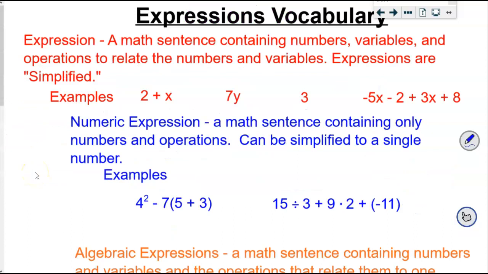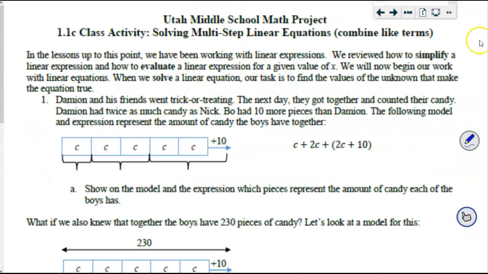Okay, so what we're going to be doing today is 1.1c from Utah Middle School Math Project, solving multi-step linear equations. Now, these are multi-step because, and you'll see when we get a little bit further on, it again reviews a lot of those same vocabulary terms that we had to go through to really make sense of all that we're doing today. In lessons up to this point, we have been working with linear expressions.